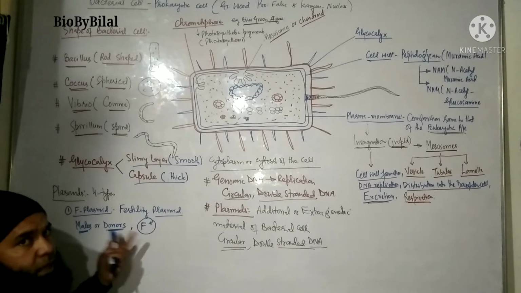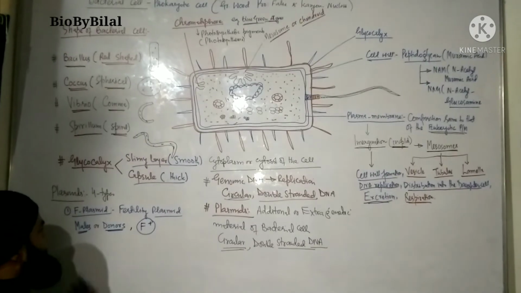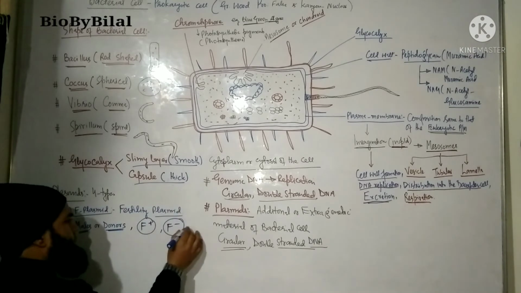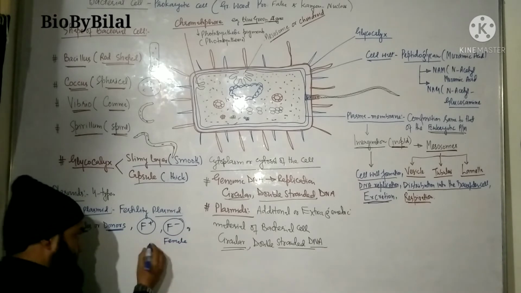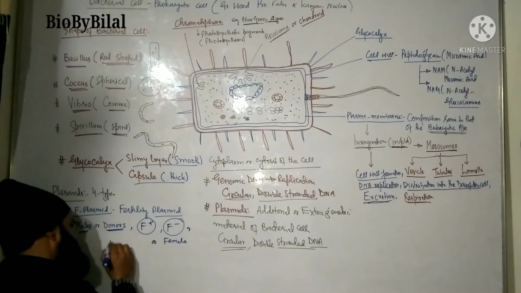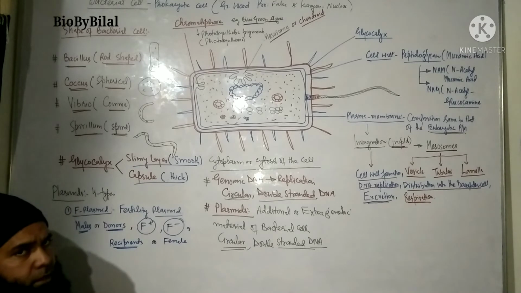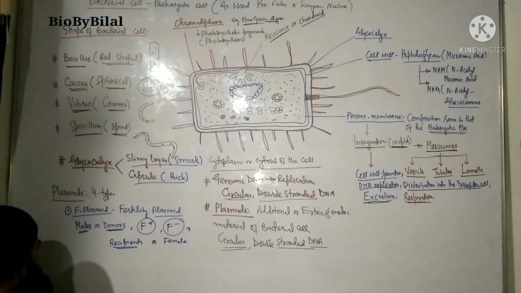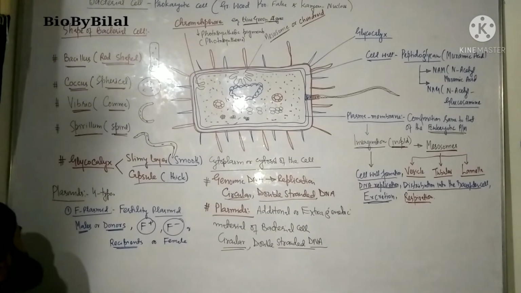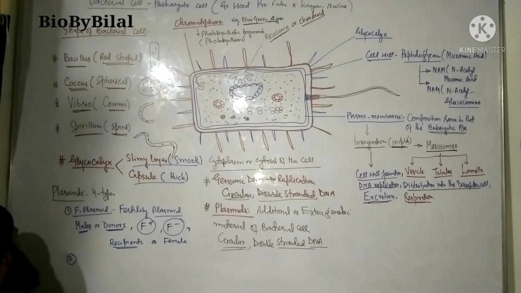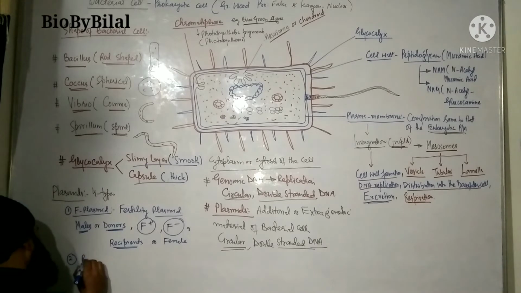Those which lack the F factor or the F plasmid are called F negative or female bacteria. They are also called recipients, means they receive the genetic material. So second plasmid is called the R plasmid.